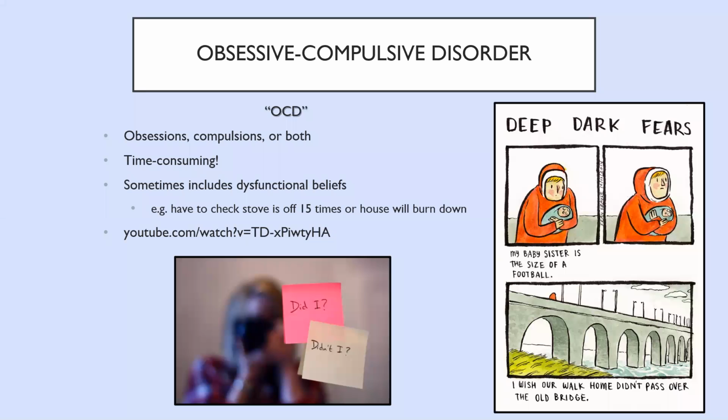So obsessive compulsive disorder is the one that we're going to talk about. It's abbreviated OCD, and individuals can have obsessions, they can have compulsions, or they can have both. And oftentimes they will have both. The compulsions are very time consuming.